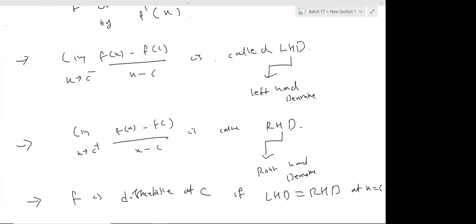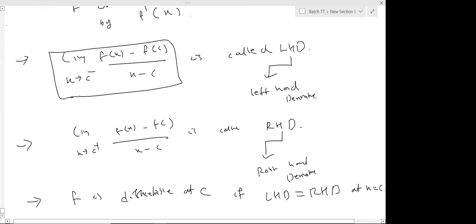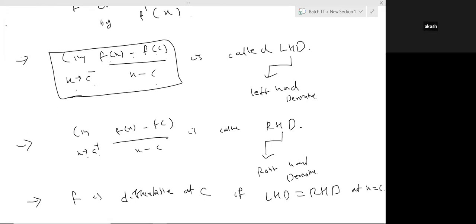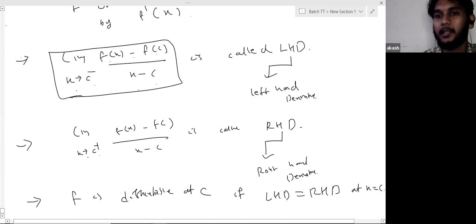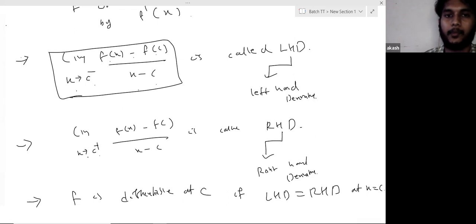So your ultimate focus should be to remember this, how to write this: f of x minus f of c upon x minus c, x tending to c minus and x tending to c plus. If you just write this down correctly, then solve the limit correctly, everything will be done. All right. So memorize this: f of x minus f of c upon x minus c.